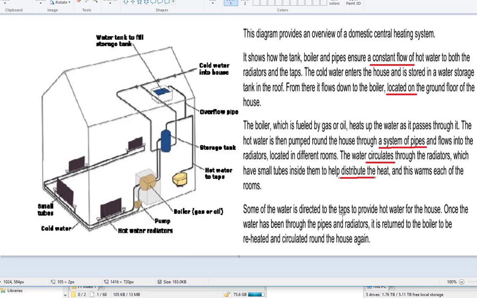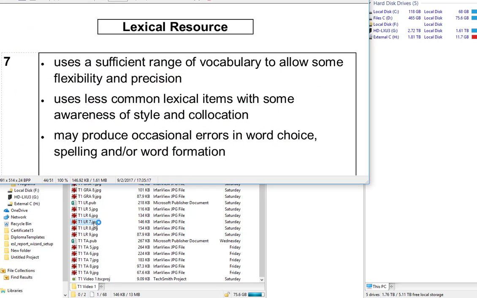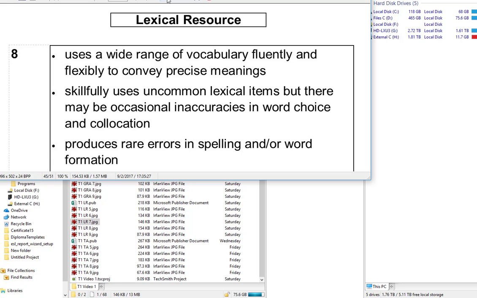That's good. Reheated. So for vocabulary, maybe 8 would be a little bit high. Although it says may produce occasional errors in word choice. May. Well, I didn't see any word errors.